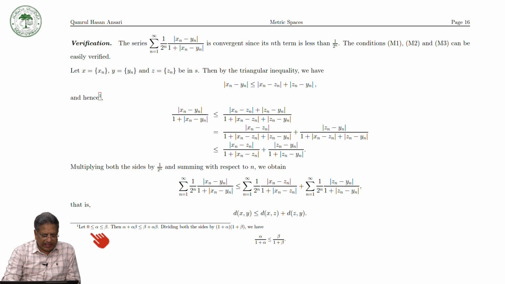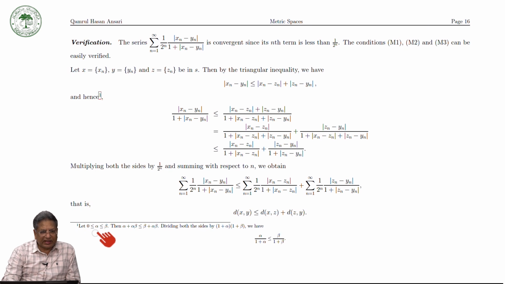Suppose alpha is less than or equal to beta, then we can add both sides alpha beta, and here we have alpha beta, and then divide the whole term by 1 plus alpha into 1 plus beta. We will get alpha upon 1 plus alpha is less than or equal to beta upon 1 plus beta. So if alpha is less than beta, then alpha upon 1 plus alpha is less than or equal to beta upon 1 plus beta.